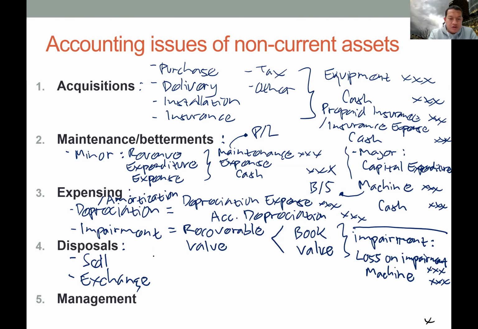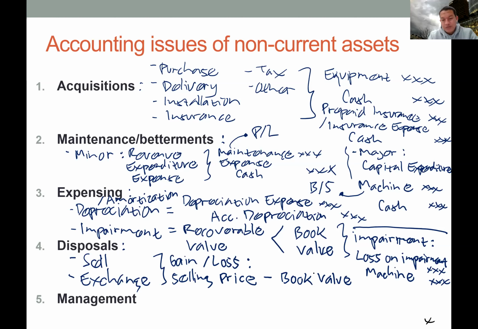Okay, so in both cases, what we need to do is analyze whether from this transaction the company has a gain or loss. Okay, so how do we analyze this? Simply, we compare the selling price minus the book value, or the carrying value.